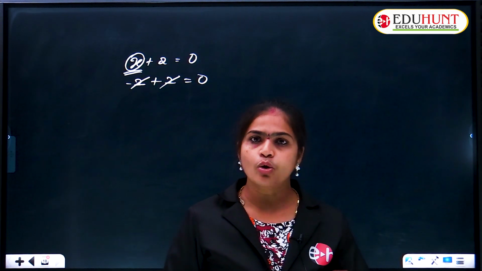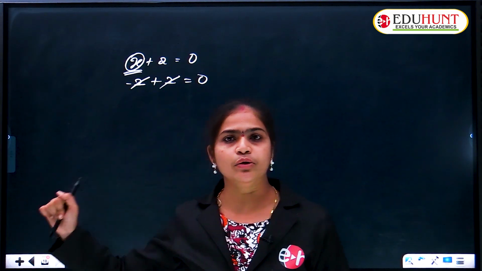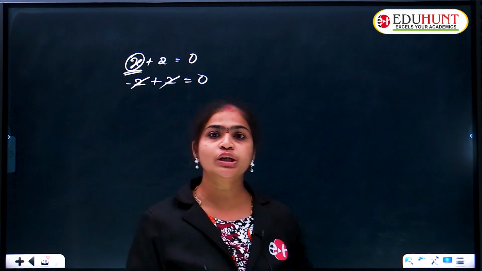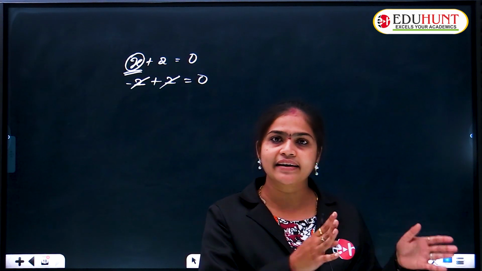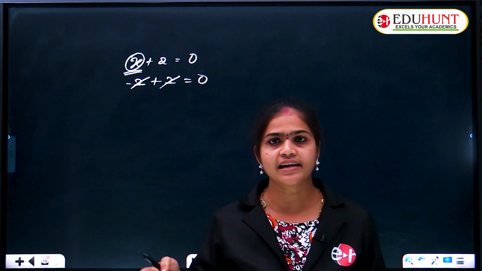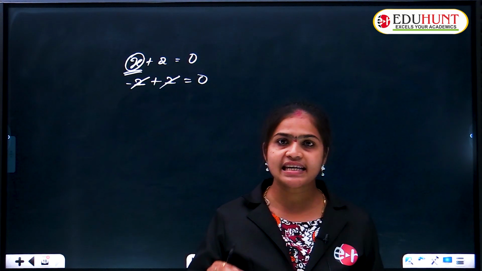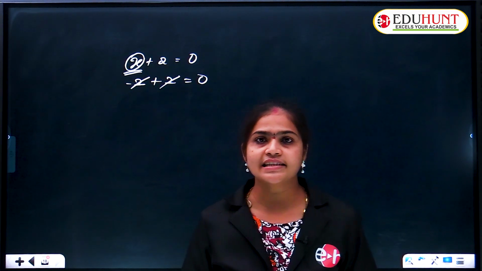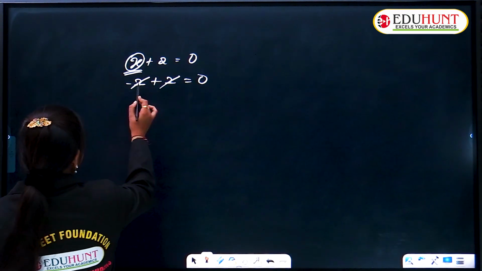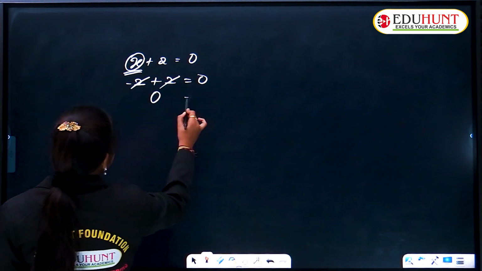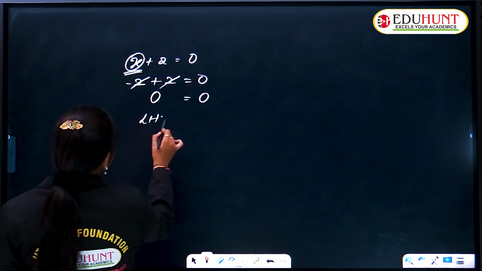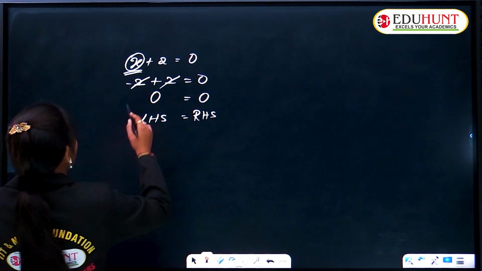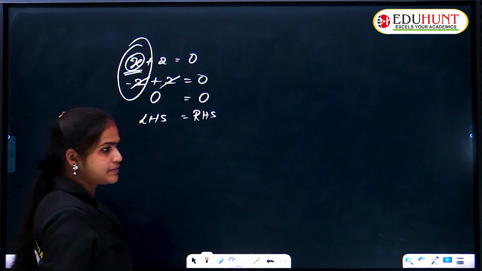Only with x equal to minus 2 do we get 0. In an equation, left hand side is LHS, right hand side is RHS, and LHS must be equal to RHS. Here minus 2 plus 2 is 0, and 0 is equal to 0, so LHS is equal to RHS.